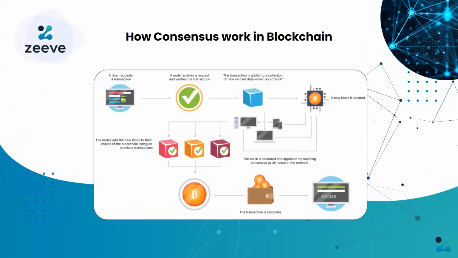So this is a very basic explanation of how consensus works. This is not related to any particular type of consensus, but a very basic flow of what happens in every consensus mechanism. So a user is going to request a transaction, then the node receives the request and verifies the transaction, right?